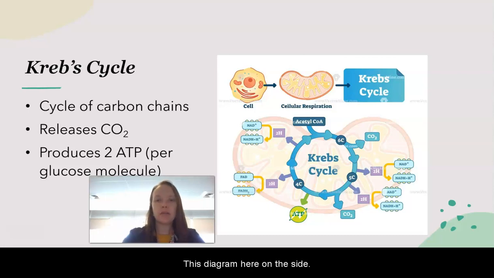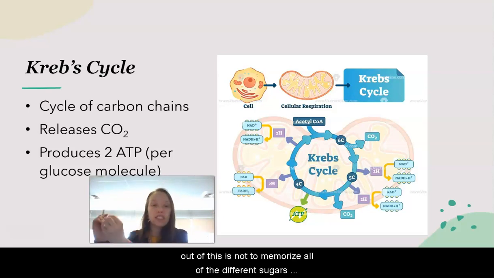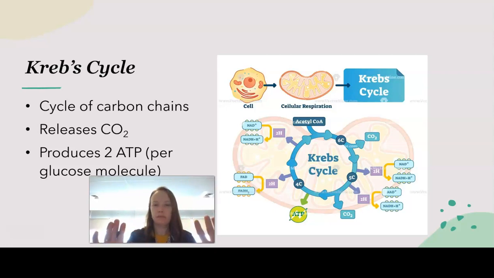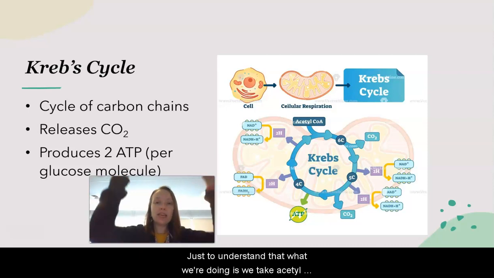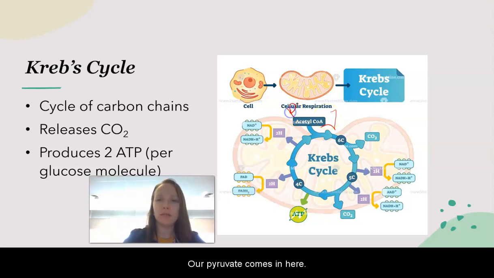So in an environment where oxygen is present, we go into the Krebs cycle. This diagram here on the side has a lot going on. But ultimately, for our purposes, what I want to get out of this is not to memorize all of the different carbon sugars that are filtered through this cycle, but just to understand that we take acetyl-CoA, which is sort of a version of pyruvate. Our pyruvate comes in here.